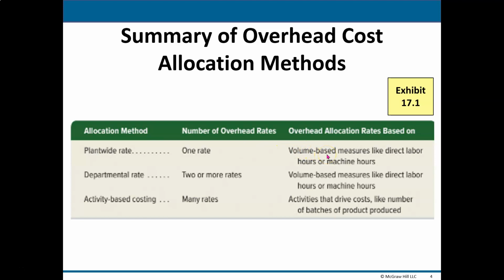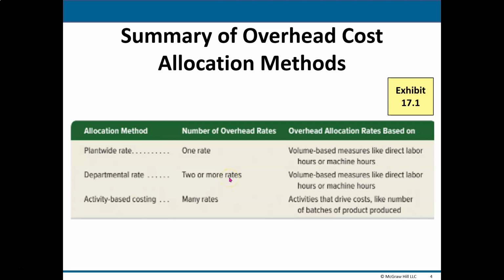The second way we can allocate is the departmental rate, where each department will allocate overhead based on a different method. Could be like direct labor hours or machine hours. Again, these are volume-based measures, but departmental rates are going to have multiple rates. It could have two or more rates, one for each department.